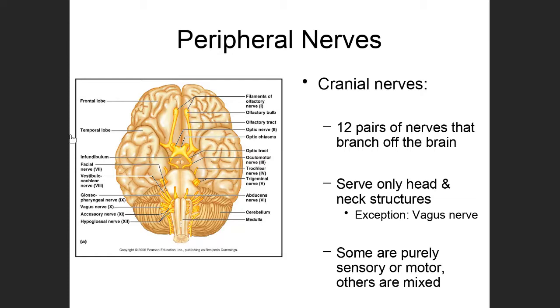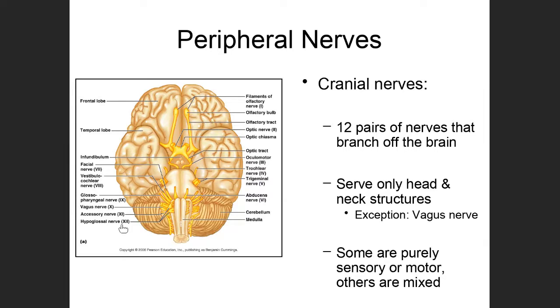There are 12 pairs of them, and they run mostly through head and neck structures, with the exception of one of these cranial nerves, which is known as the vagus nerve. Vagus means wanderer, and the reason for that is it runs down the neck and through many of the areas of the abdominal pelvic cavity and the thoracic cavity, and innervates the organs that are located there.